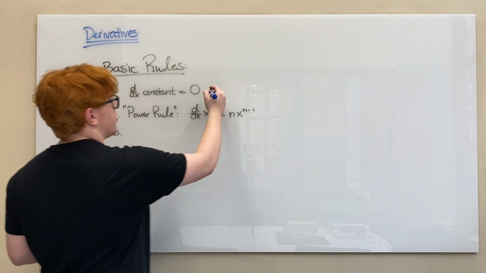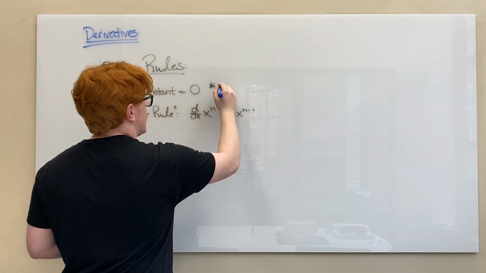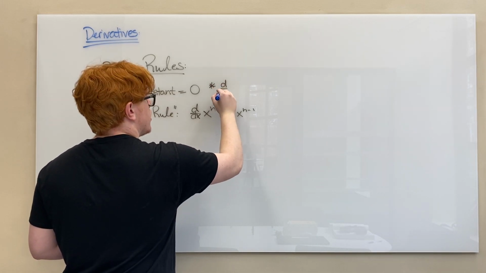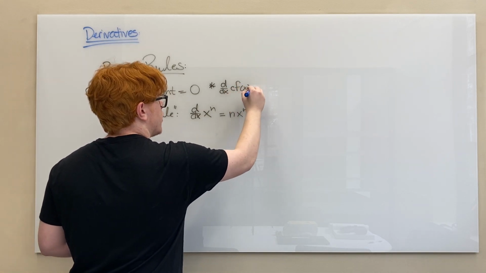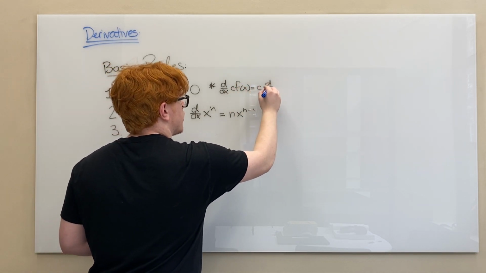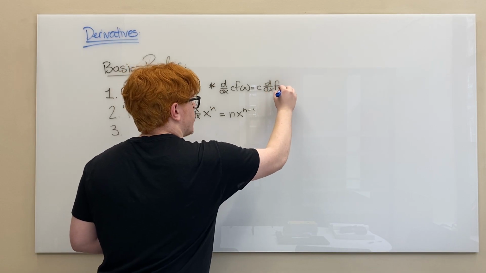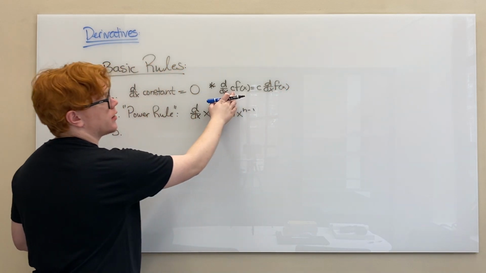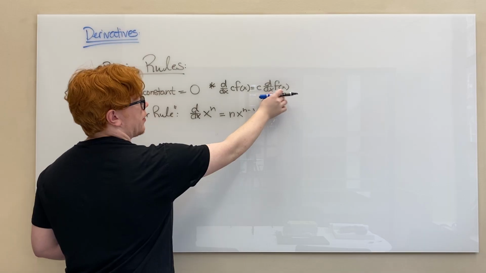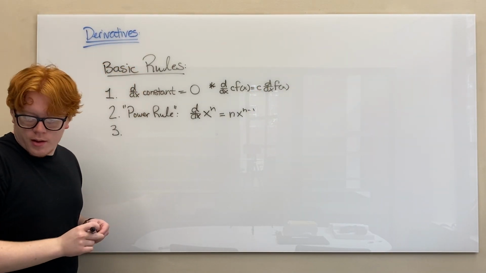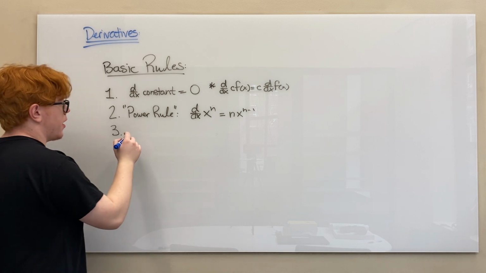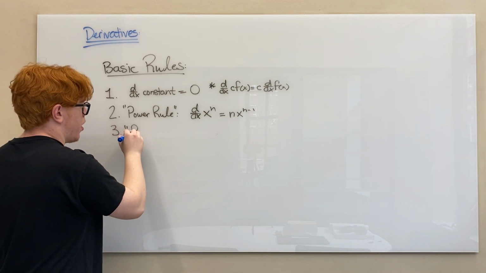I should also note, I forgot to mention, that if you have d dx of c f of x, this is equal to c d dx of f of x. So you can pull constants out, take the derivative, and then just multiply back by the constant. All right, so with that, now we have the product rule.